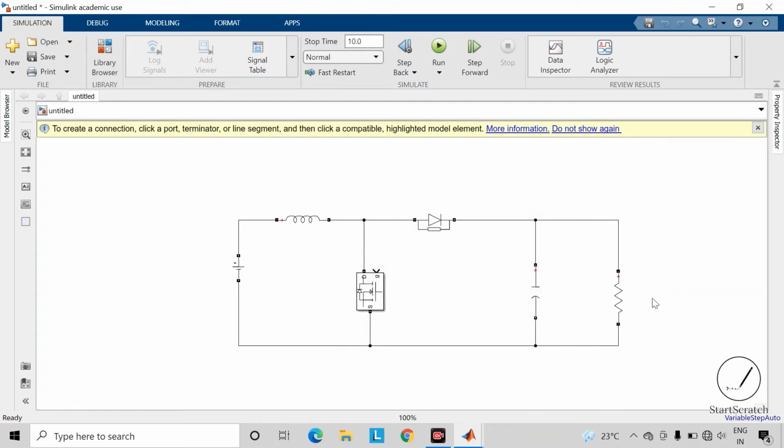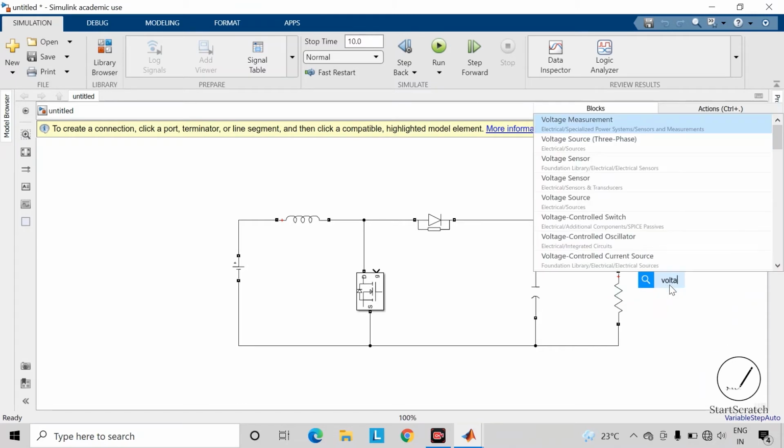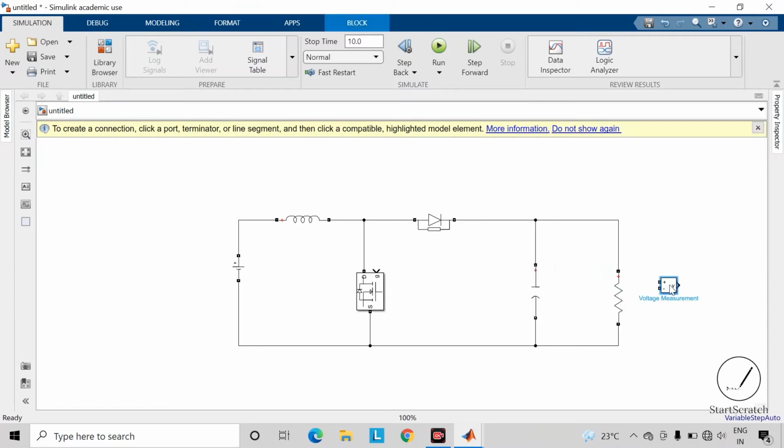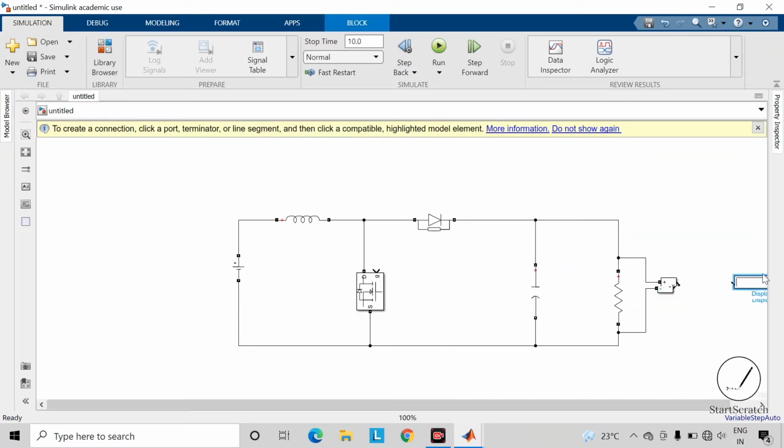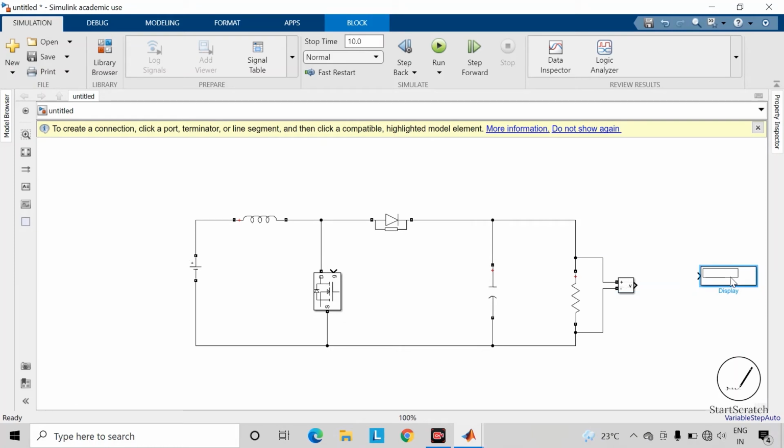To measure the voltage across this load, we will require a voltage measurement block. Connect this block across this load side. Take a display block to view the output voltage. Connect this display to this voltage measurement block.